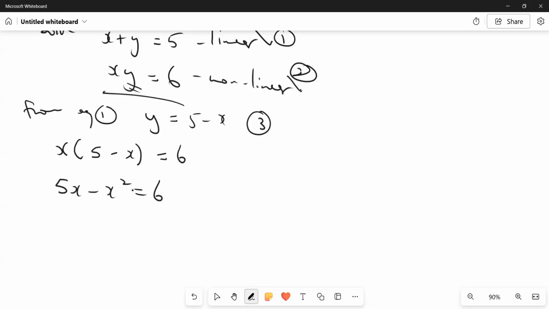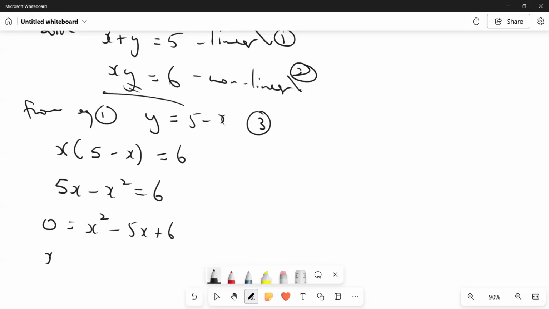If you take everything to this side, you end up with x squared minus 5x plus 6 equals 0. I don't know if you see what I did there. I'm taking everything here over here, so it's 0 here, but I'm not going to write it like this.